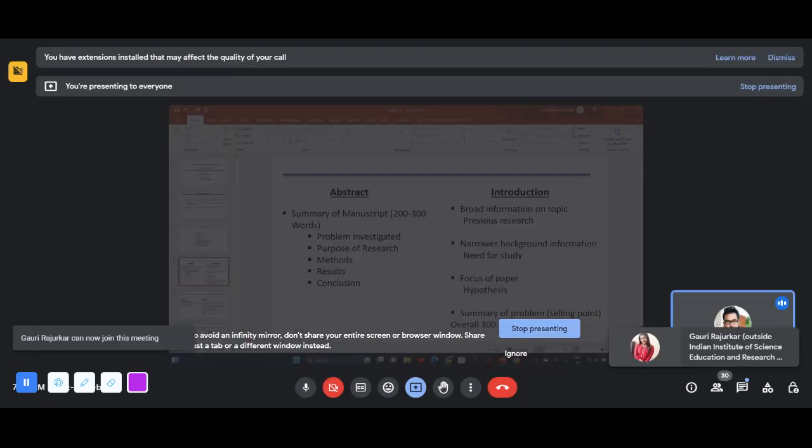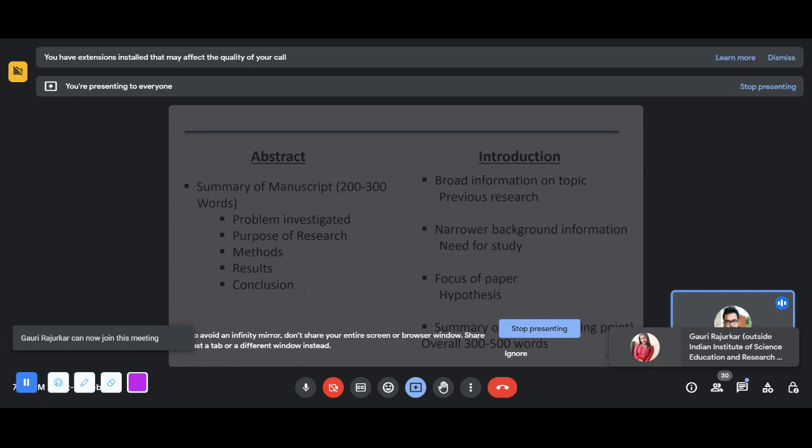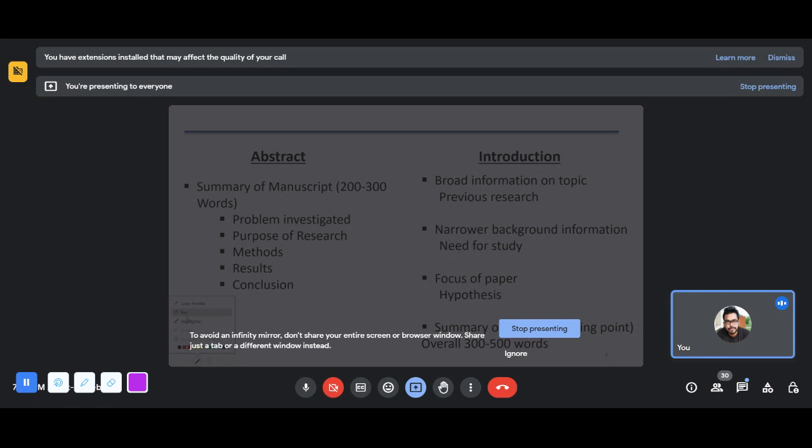Then you have to talk about what methods you have taken. Methods means scientific methods or any particular experiments that you have taken from some other places, or you have designed.